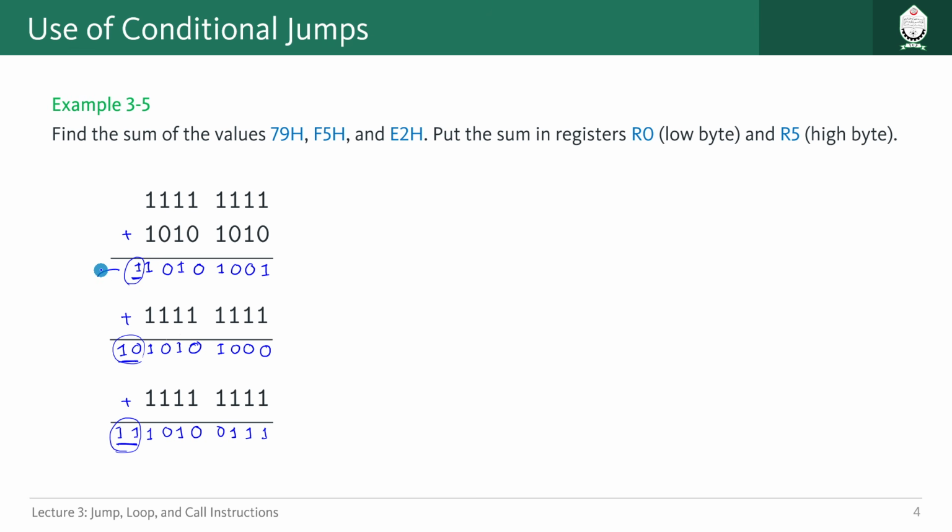So initially it was 1, then 1 0 is 2, and 1 1 is 3. So each time this overflow is happening or carry is happening, this upper portion after 8 bit is getting increased by 1. So what we can do, we can just detect whether carry happens, and if carry happens, we are going to increment these values and save it somewhere. That's the thing, to actually get the total result. So how we are going to do that?